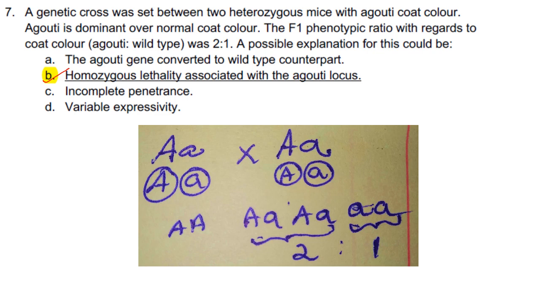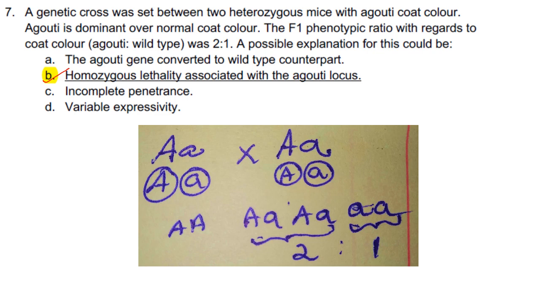So a cross was made between two heterozygous mice with agouti coat color, and agouti is dominant over normal coat color. So capital A, small a, capital A, small a. These are the gametes that are produced, and you get capital A capital A, capital A small a, capital A small a, small a small a.